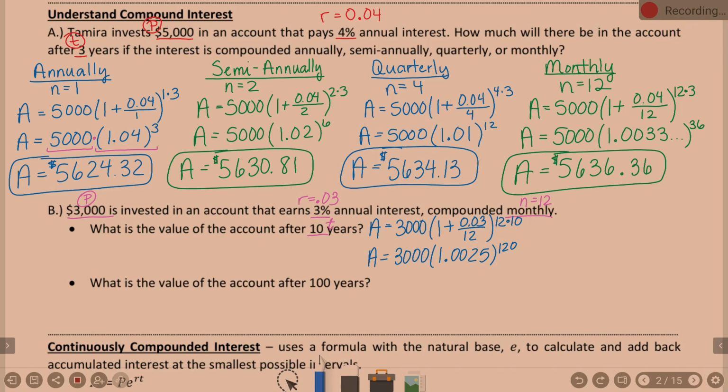It is a big number, but we should be making good money on it, right? 12 times a year over the course of 10 years. $4,048 and like 6 cents.